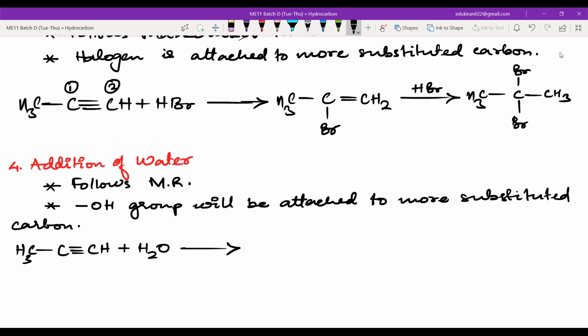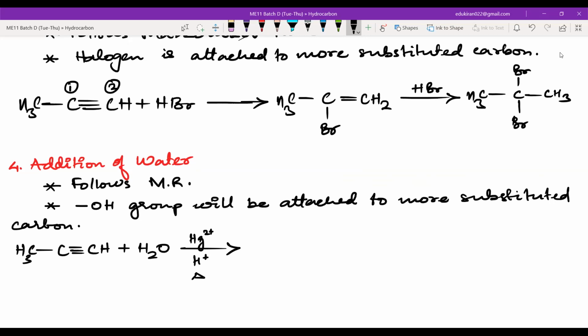Now in this case, you have to add Hg2 plus in the presence of H plus, and also some heat. The main reason is that this alkyne is not very soluble in water, because alkyne is a non-polar, or rather weakly polar, substance, whereas water has hydrogen bonding.